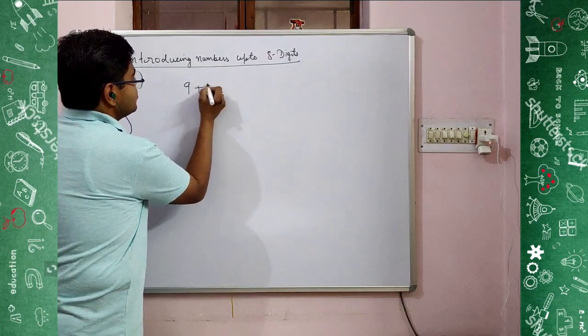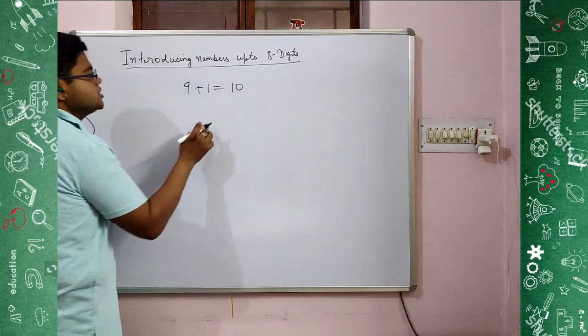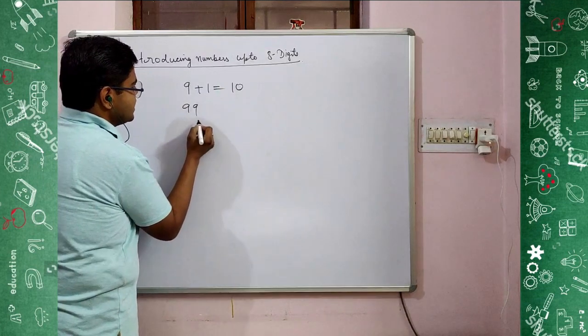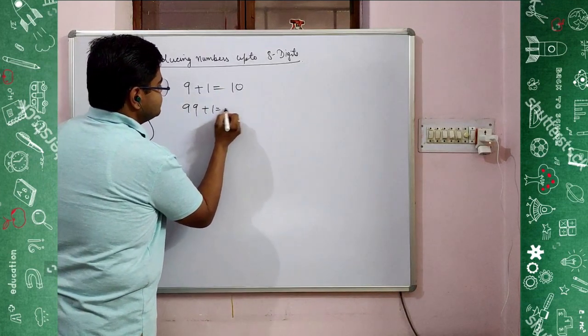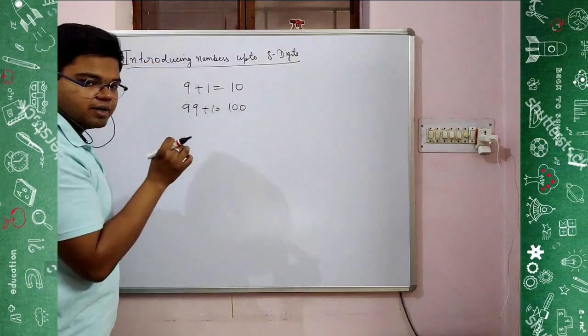If we add 1 to it, it becomes 10. Now, the largest two-digit number will be 99, and if we add 1 to it, it becomes 100, which is your smallest three-digit number.